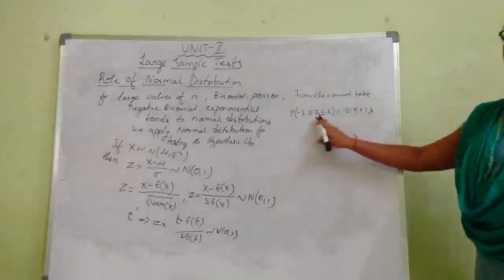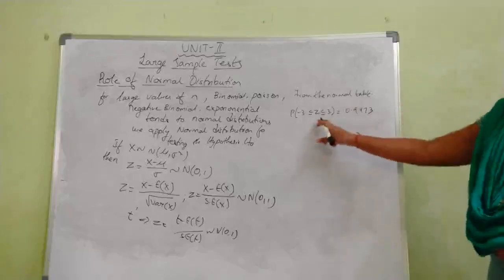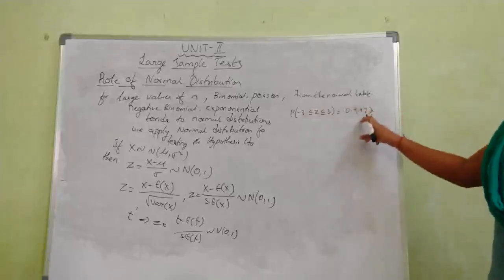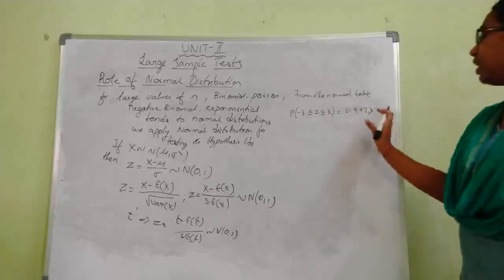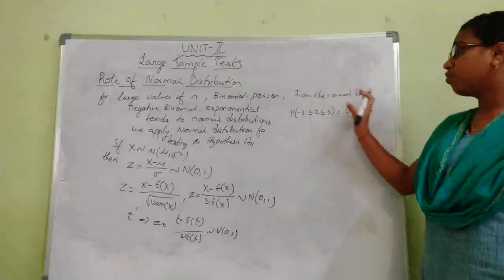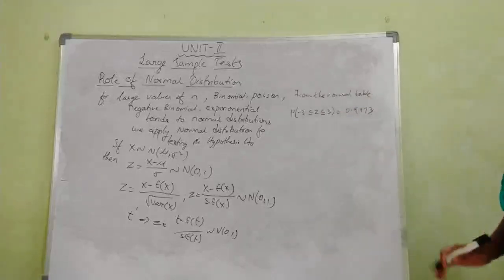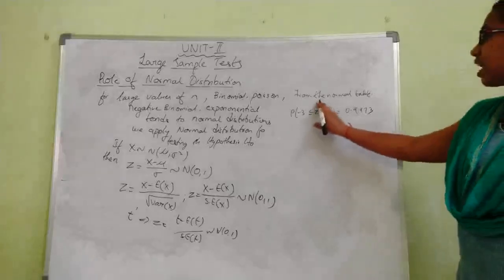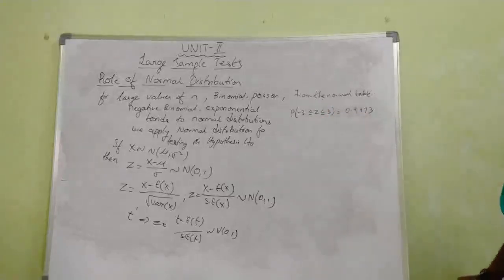So these are the 3 sigma values, that your Z value lies between -3 and +3. The probability is 0.9973, that is 99.73% of values lie between -3 and +3. That is the concept of 3 sigma. So we expect that the standard normal value lies between -3 and +3.